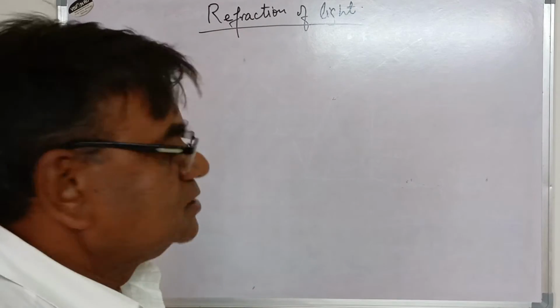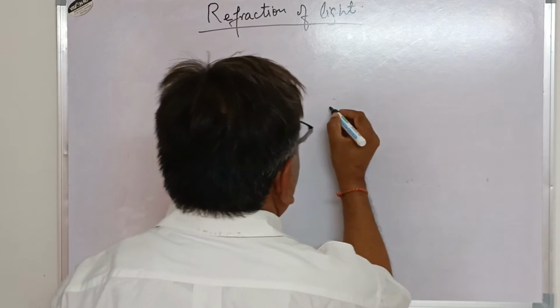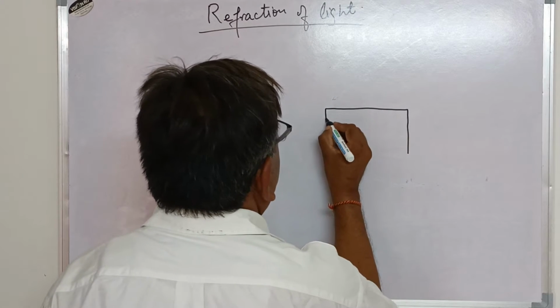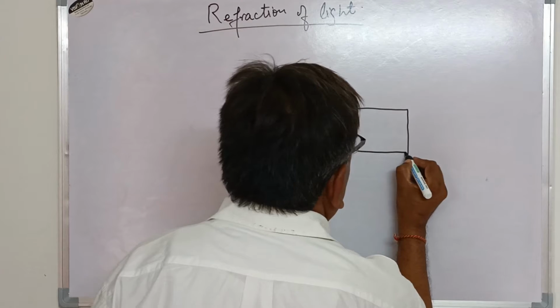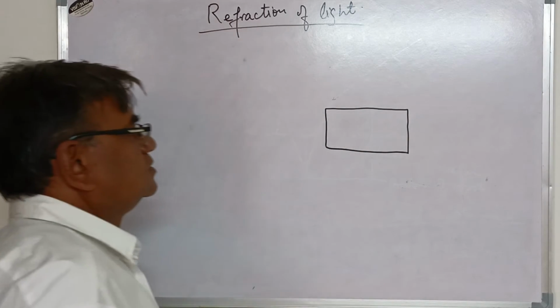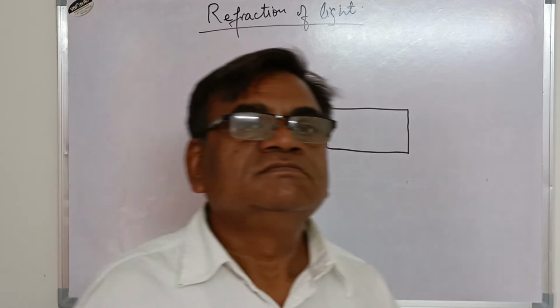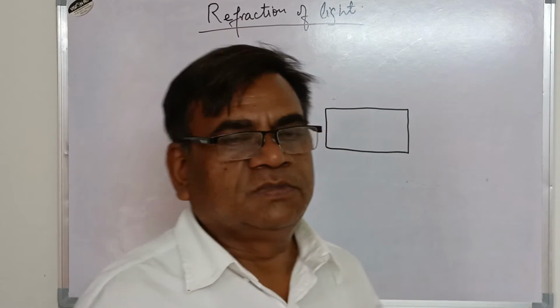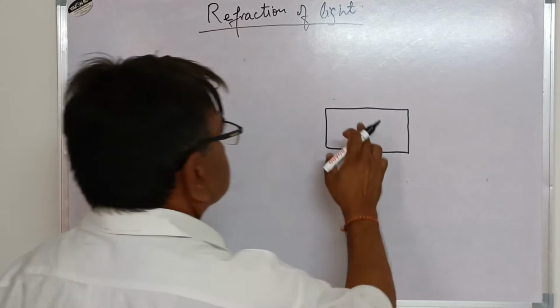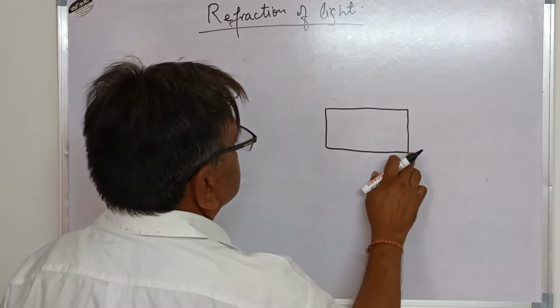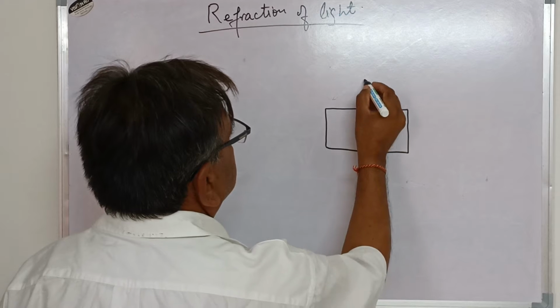Now for this we take a rectangular glass block, just like a soap, a glass bar. This is the top surface of the rectangular glass bar.